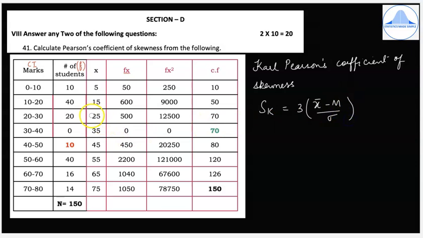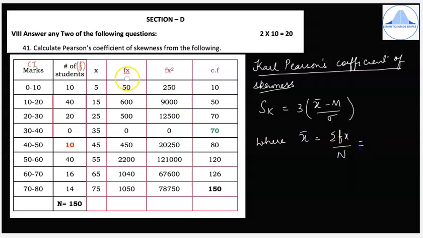Suppose the given distribution was not ill-defined, then skewness would have been (mean minus mode) divided by sigma. But in this case, because the data is ill-defined, we have to use skewness is equal to 3 into (x bar minus M) divided by sigma. So now let us write the formula for x bar, which is the arithmetic mean. It is summation fx divided by capital N.